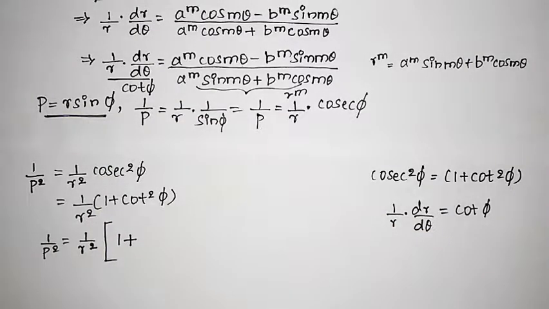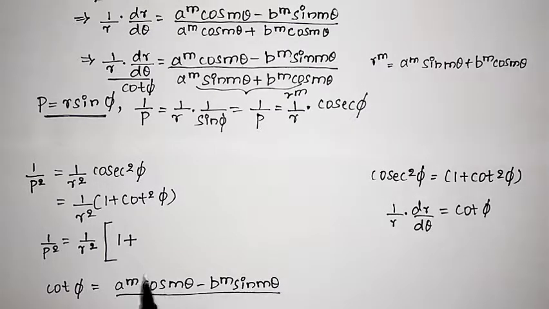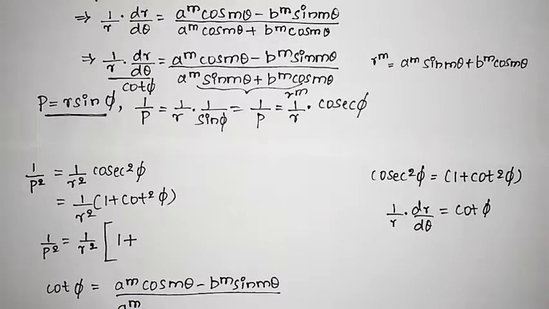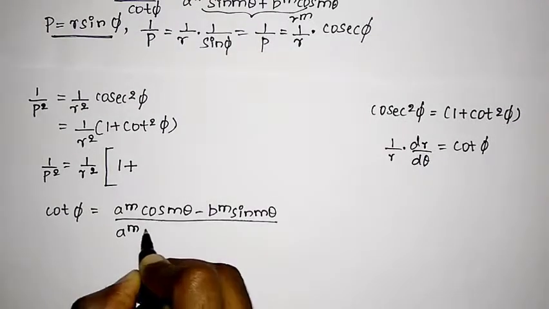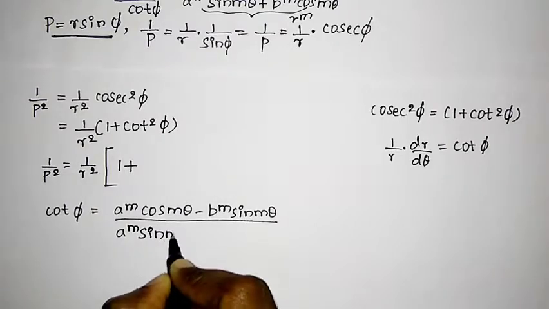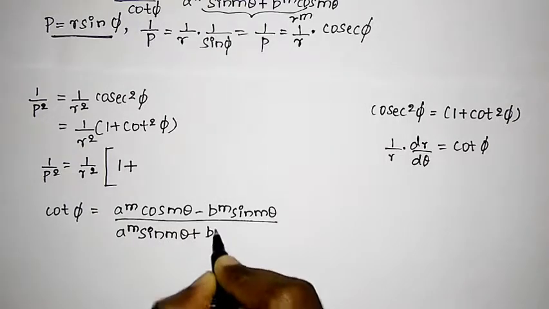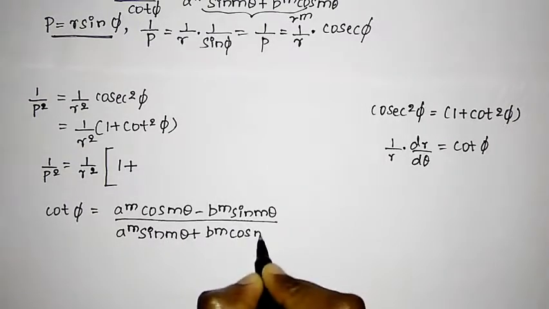Therefore cot phi is equal to a raised to m into cos m theta minus b raised to m into sin m theta divided by a raised to m into sin m theta plus b raised to m into cos m theta.